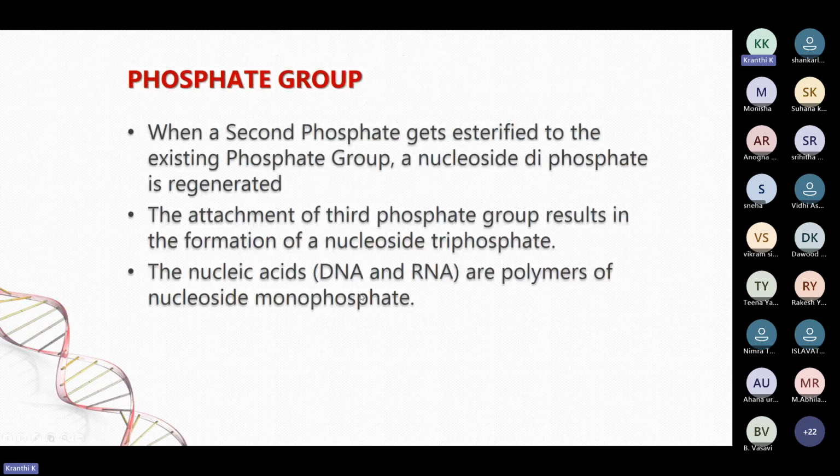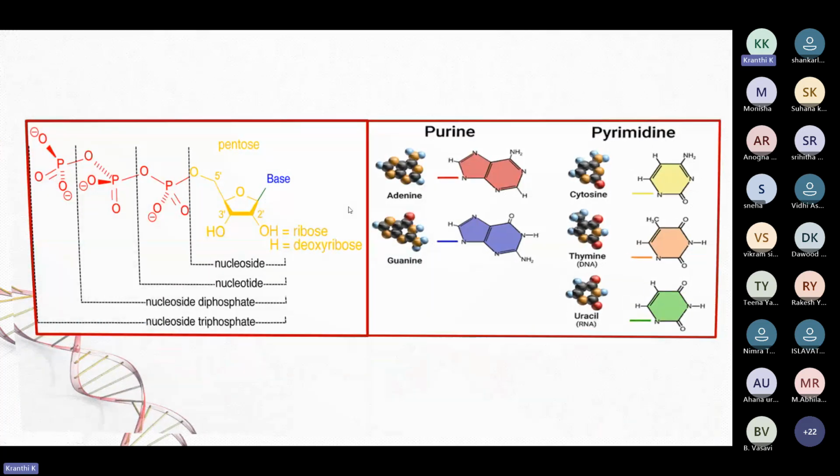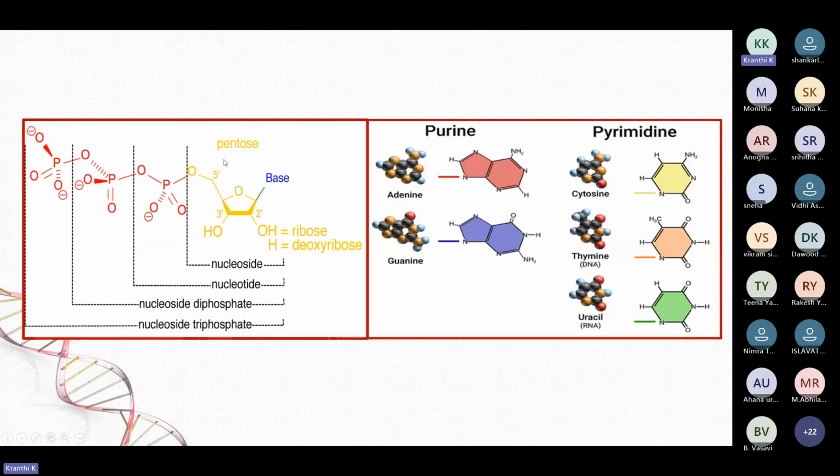Just now we discussed there is a single phosphate, double phosphate, triple phosphate. See, it's a nucleoside. When it's linked with one phosphate, it's a nucleotide, or AMP, adenosine monophosphate. When it's linked with two phosphates, nucleoside diphosphate.